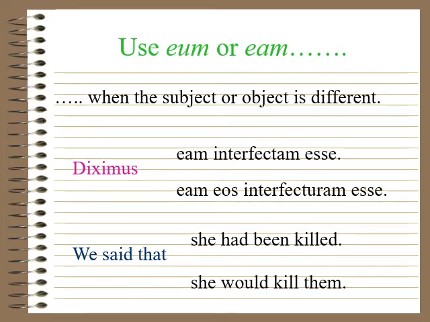But you could also have, we said that eam, she, would kill them. That's when you use eos. So eam could be the subject or the object in either way. I didn't put any of those on the examples yet, but know that is a possibility.